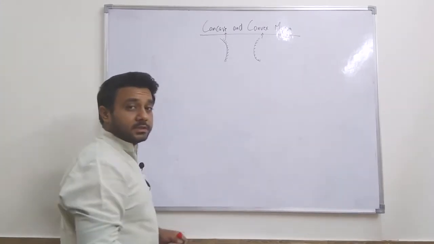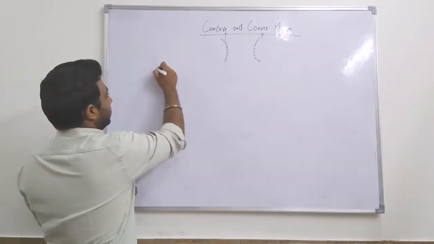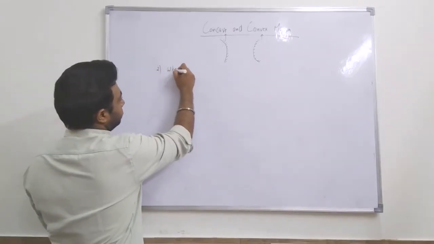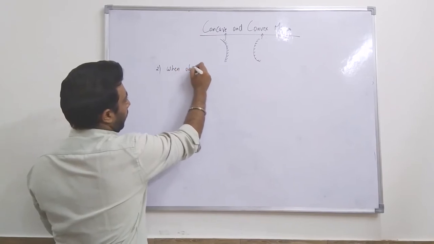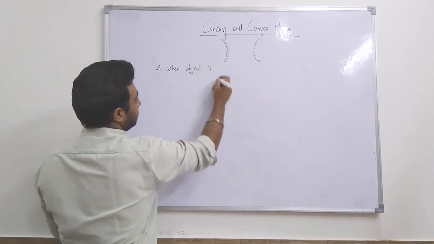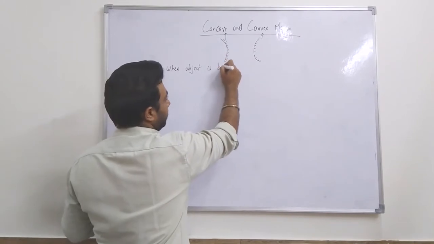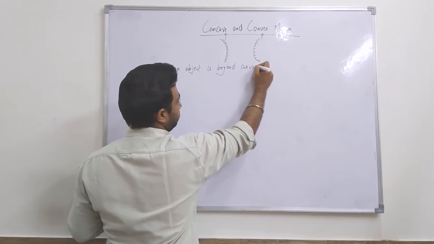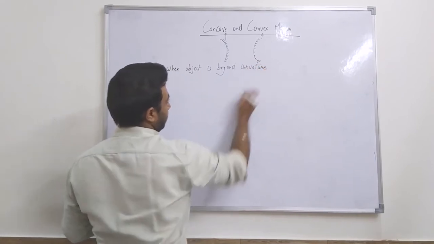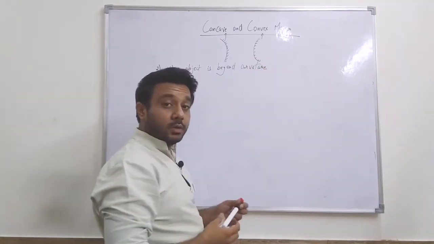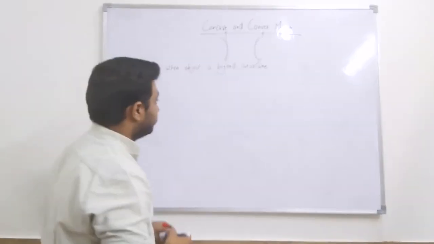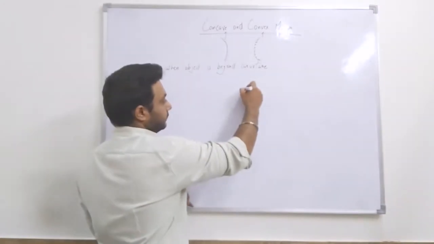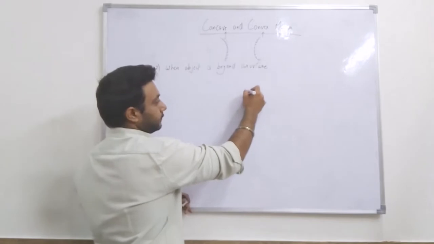Now, second case, when the object is beyond curvature. First of all, you have to make a concave mirror.